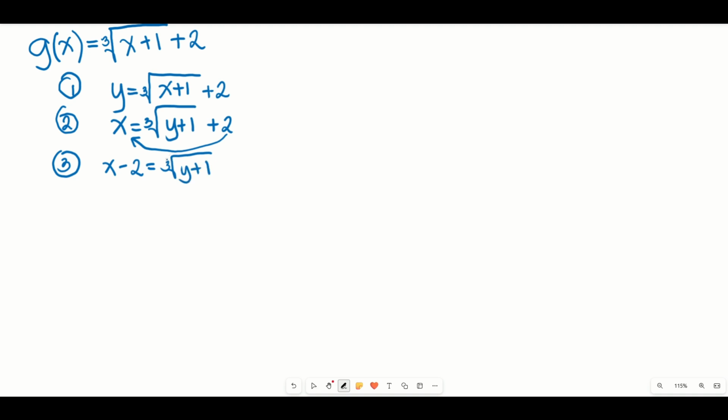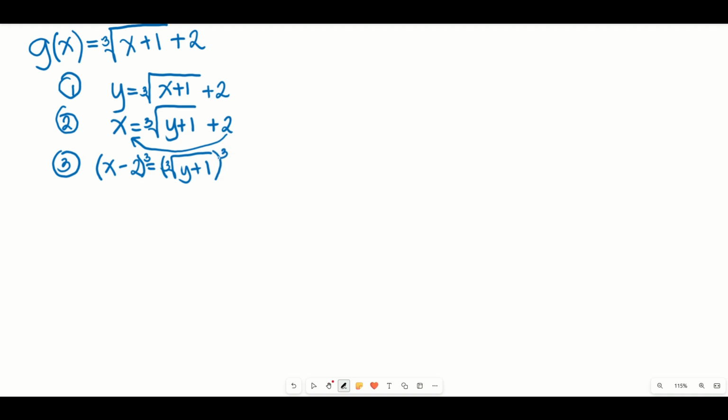And then, my goal here next is to remove this radical sign. Para matanggal ko tong radical sign or itong cube root na ito, I'll use the inverse of extracting the root, and I will raise both sides of the equation to 3.